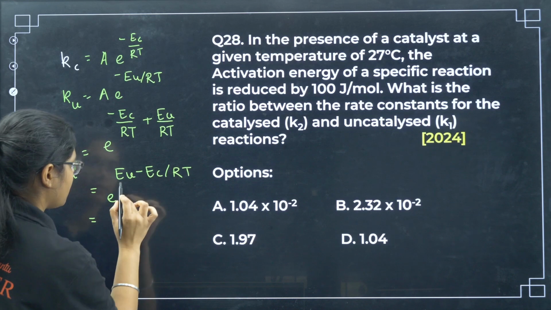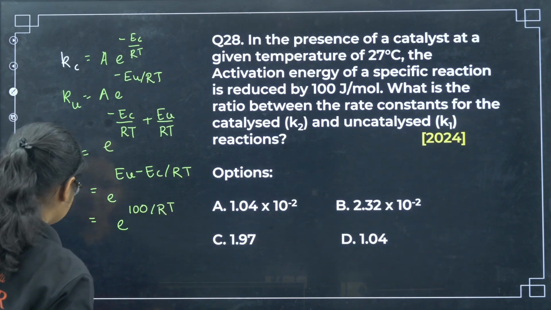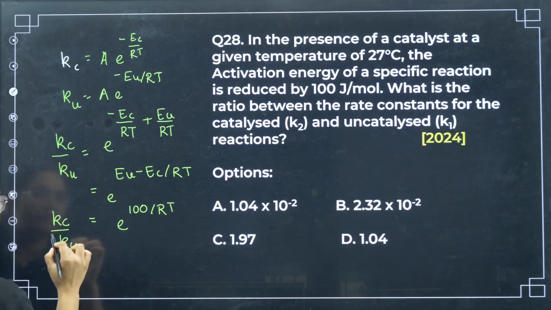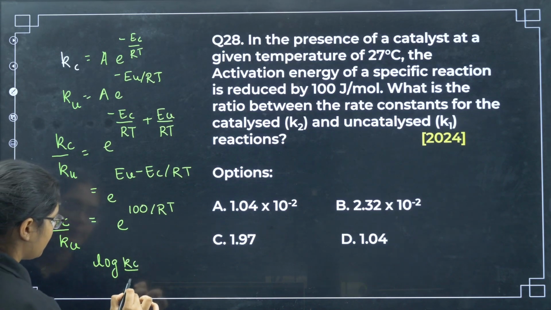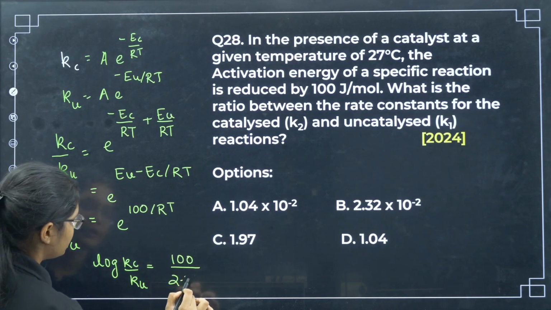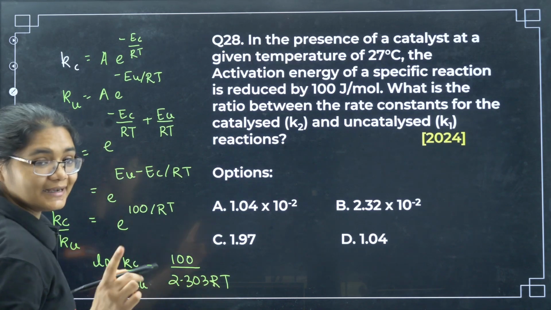Then I have e to the power of 100 by RT. Now this is for Kc by Ku. Now you can take log of both of them, right? Log Kc by Ku is equal to 100 by 2.303 RT.